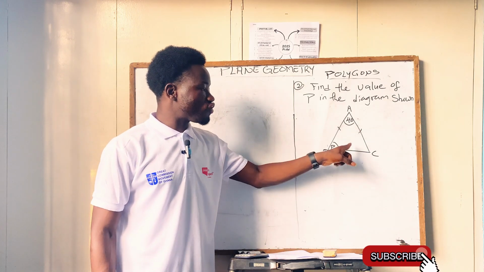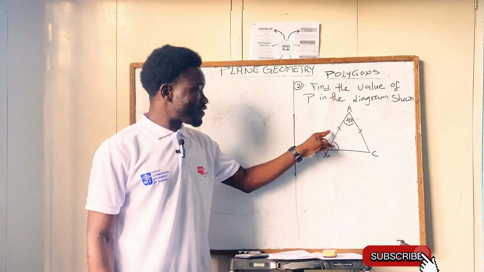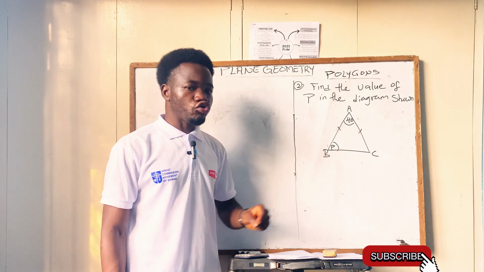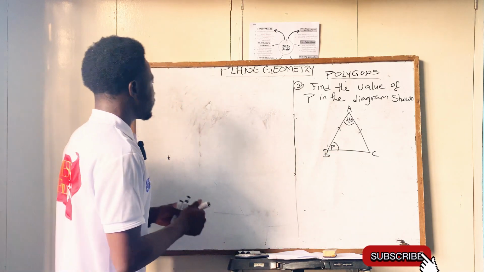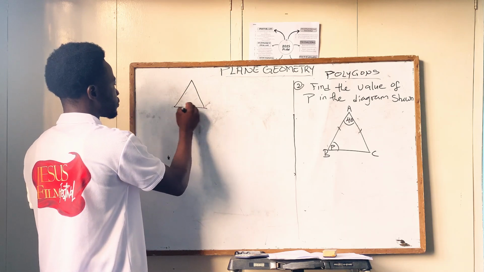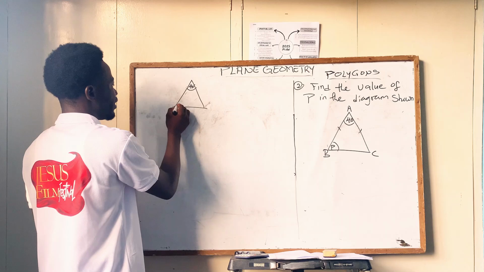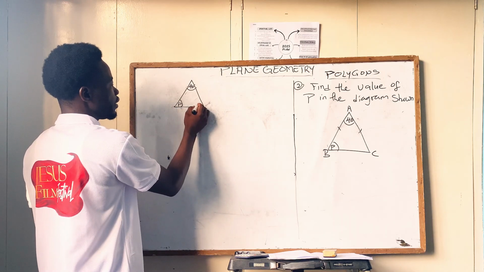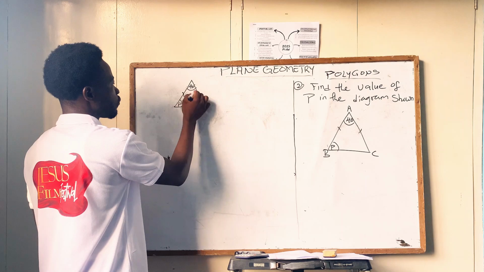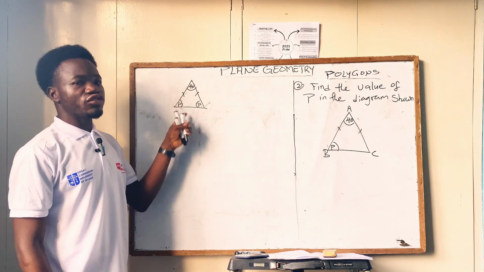These two lines show that the line here and this line are equal, and if this line is equal to this line, then the base angles are also equal, which means that if I have the diagram here, and here is 40 degrees, and here is p degrees, here must also be p degrees because of this property. This shows that this is an isosceles triangle.